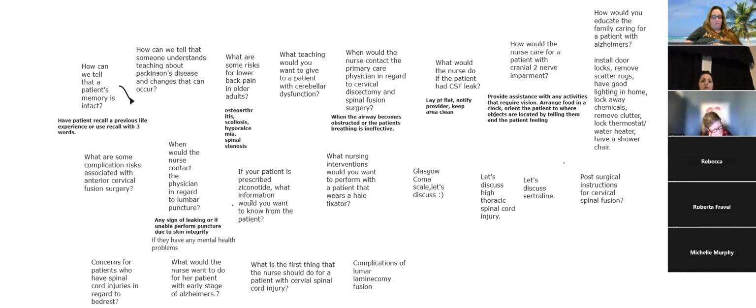How about a tumor? You think that would be one too? All right, so let's see.